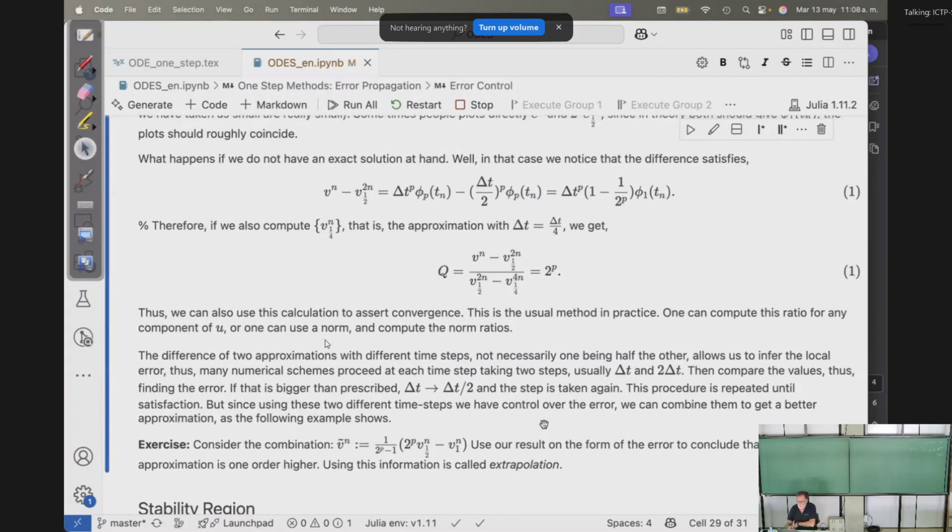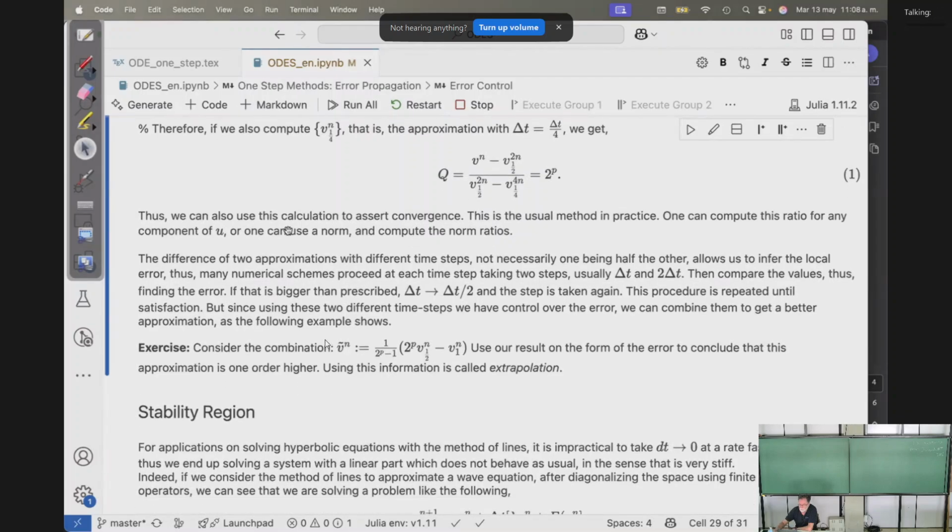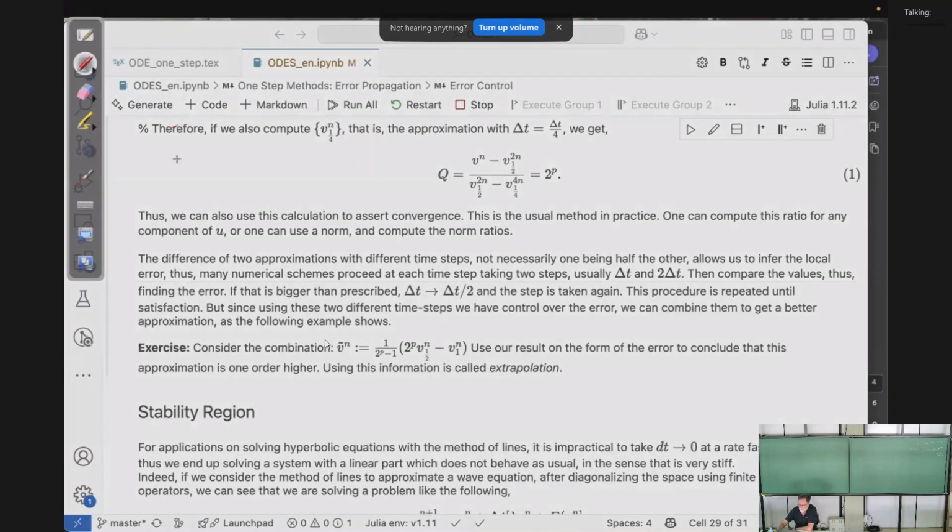But this allows, suppose you computed the V1 and V1 half. So you have this in here. So you computed this one, this approximation, and this one. You can check that this V twiddle, which is 1 over 2 to the p minus 1 times this factor here, is an approximation which is better.